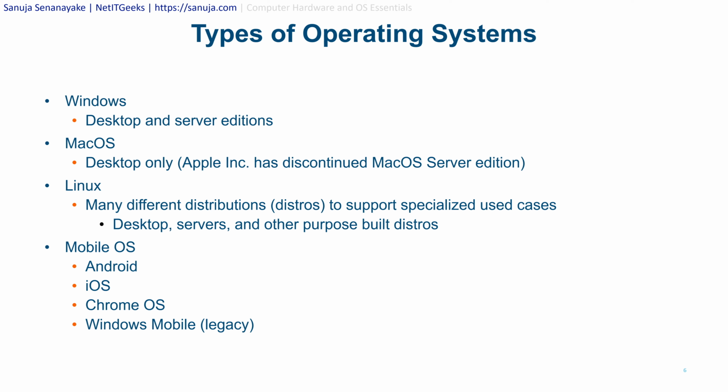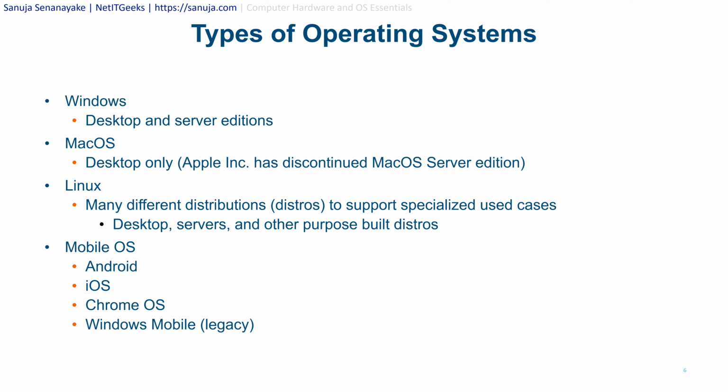Mobile operating systems include Android, which is based on Linux, iOS, which is based on the Mac OS from Apple, and Chrome OS, which is based on the Chromium project and is used on certain devices.